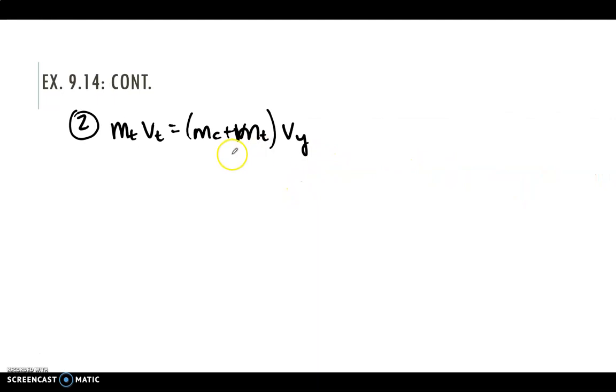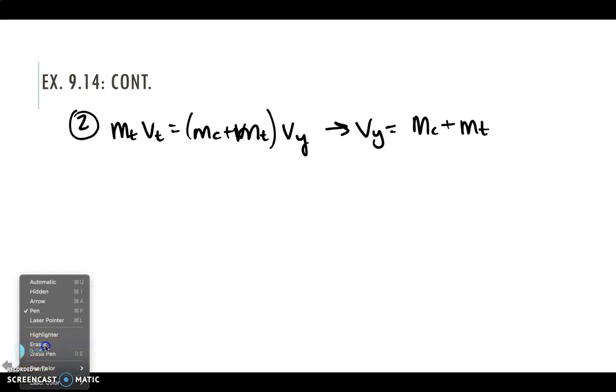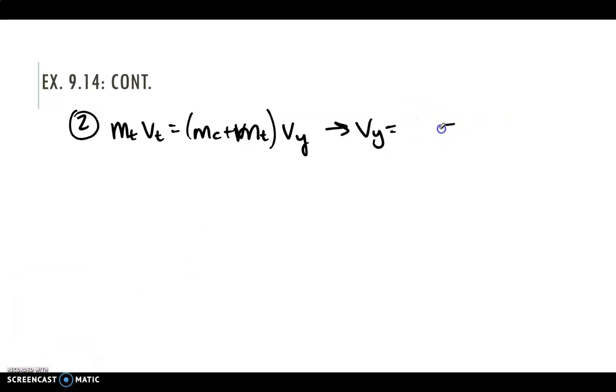So then that'll give us v sub y is equal to mc plus mt. No, I'm sorry, getting too far ahead of myself. I did that wrong, I was doing it too fast in my head. We get mt Vt over mc plus mt.